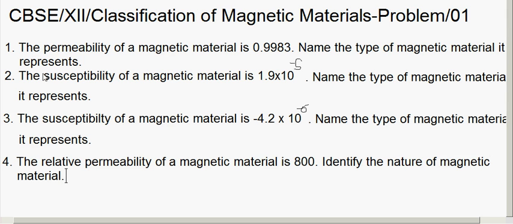The first one: the permeability of a magnetic material is 0.9983. Name the type of magnetic material it represents. So it's a very low value of permeability. A diamagnetic material has permeability just slightly less than 1. So the answer for the first one is diamagnetic substance.